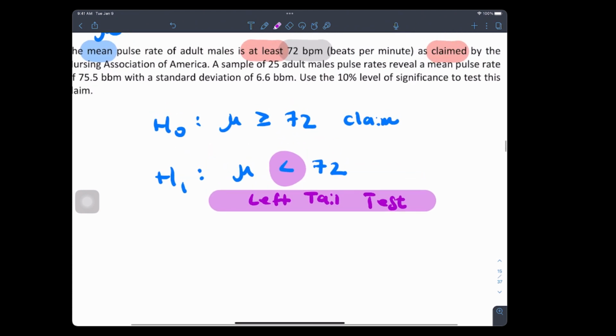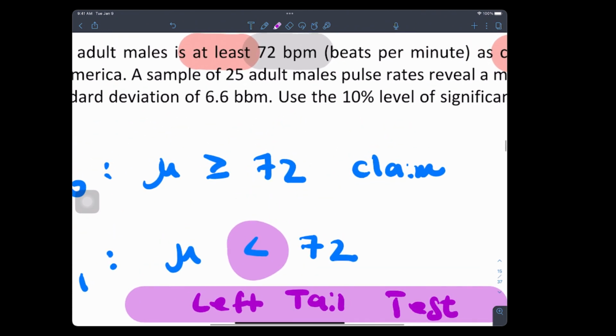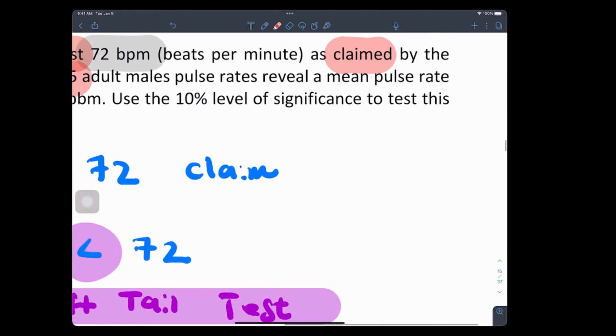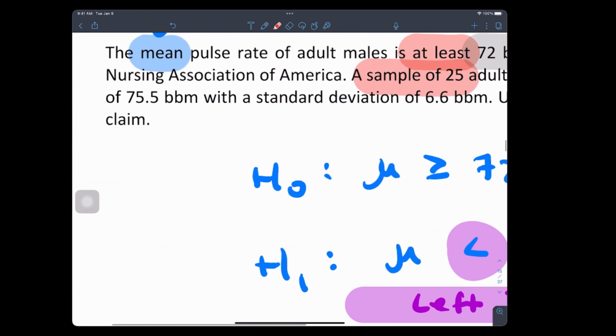Okay, now we're going to go read. What does it say? A sample of 25 adult males reveals a mean pulse rate of what? And a standard deviation of 6.6. That's all my sample information.